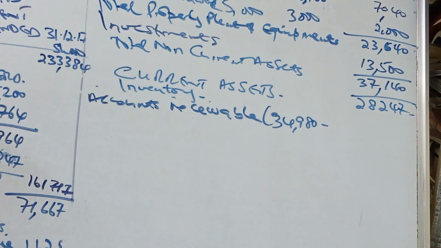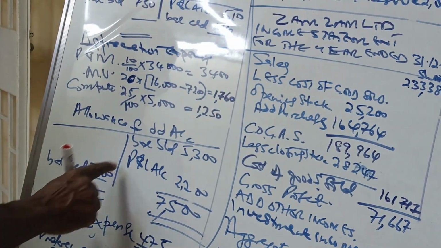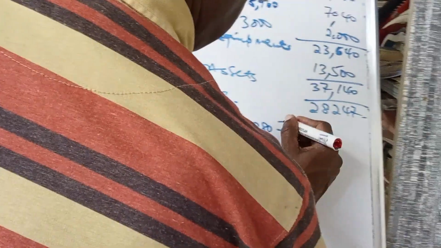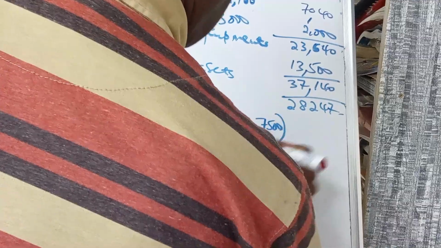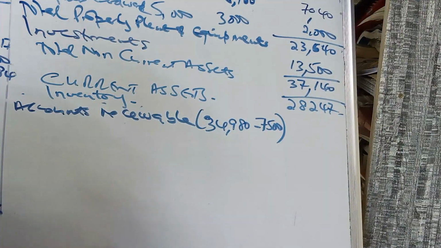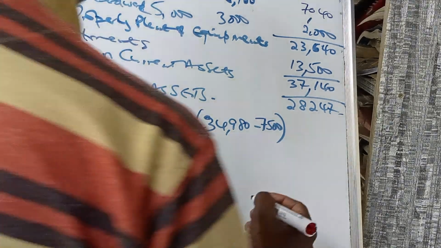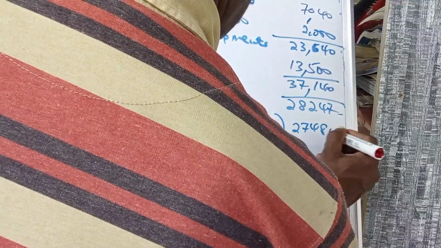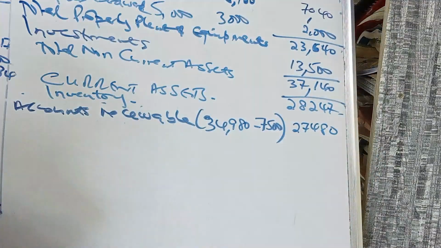We said here that our allowance for doubtful debts is 7,500. So we subtract 7,500. 34,980 minus 7,500, we get a figure of 27,480.